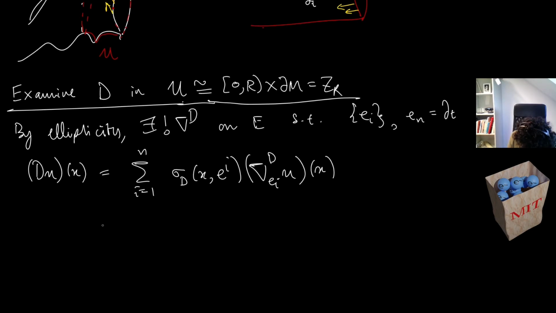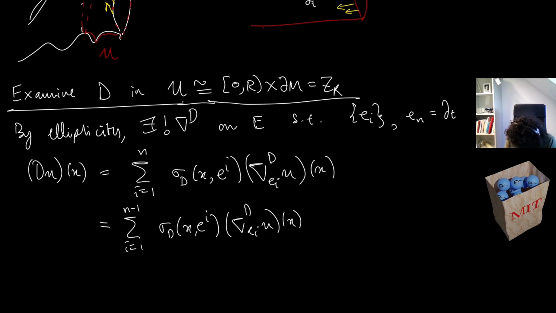Now we end up with the sum from i equals 1 to n minus 1 of dx e_i d e_i u x plus the sum from i equals 1 to n minus 1 of partial dx dt.